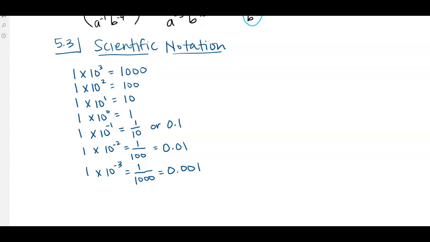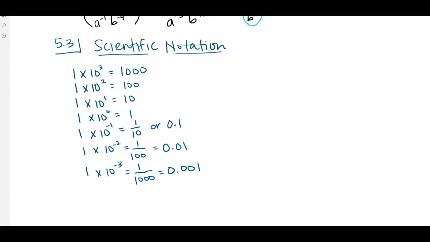Like in chemistry, when they're dealing with elements and stuff like that, they have these digits that are quite a few of them. You don't want to have to write out all these 0.000000000432 or whatever. So they try and shorten that down into scientific notation.